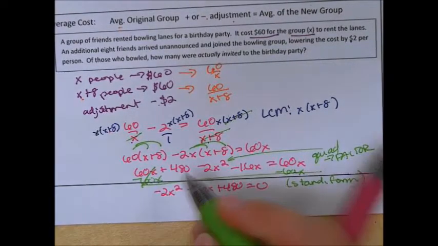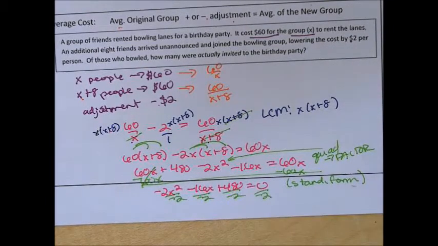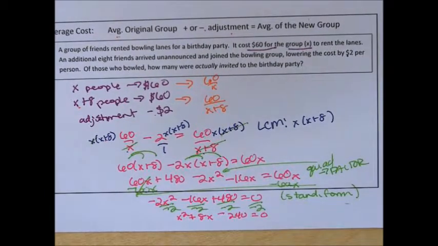I like to divide everything by negative 2. X squared minus myself, plus 8X minus 240 equals 0.